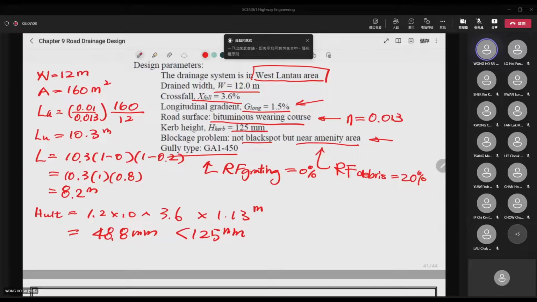And then finally, once you put the values right there, it's 3.6 and the design flow width is 1.13 meter, then you can calculate the flow height, which is smaller than the curb height. Then that means your gauge spacing should be fine. So for this one, it has already satisfied both the ultimate state condition and the serviceability state conditions.